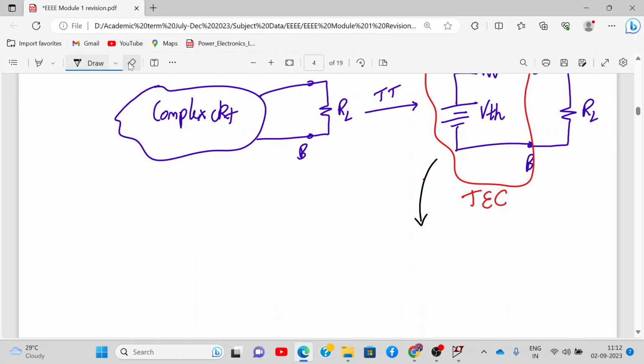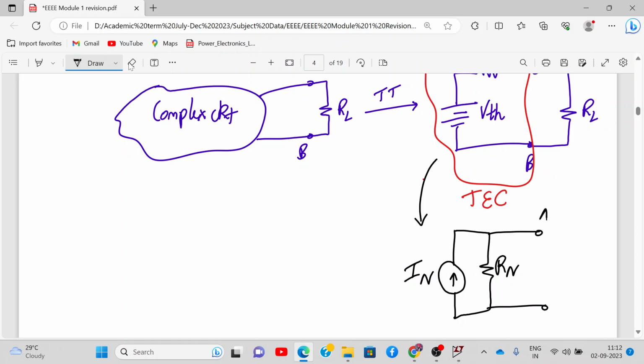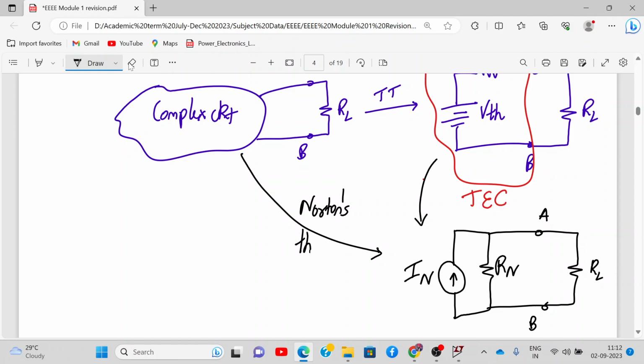That is exactly Norton's theorem. I call this current IN and that resistance RN, and this is point A and B, with RL. So for a complex network, this is Norton's theorem. Please kindly draw.